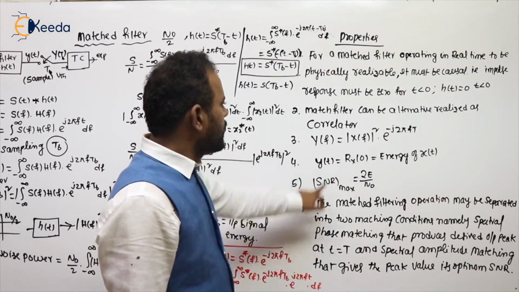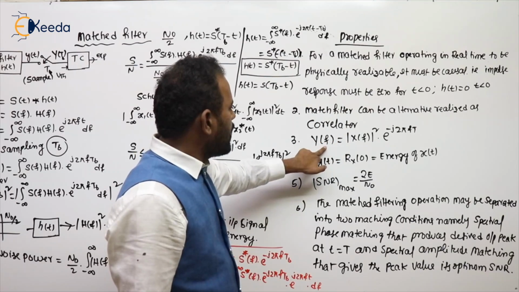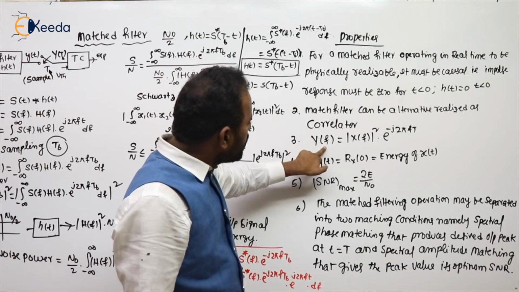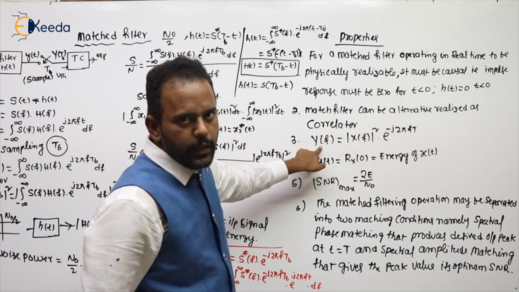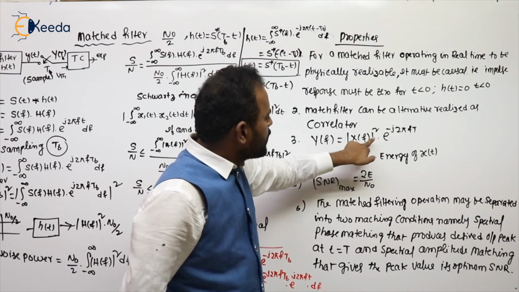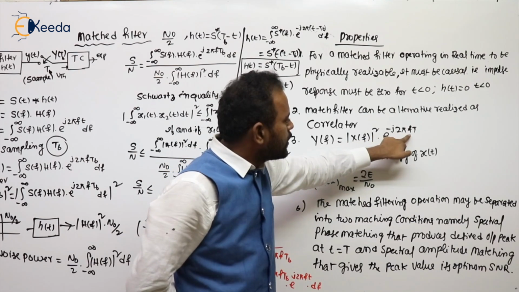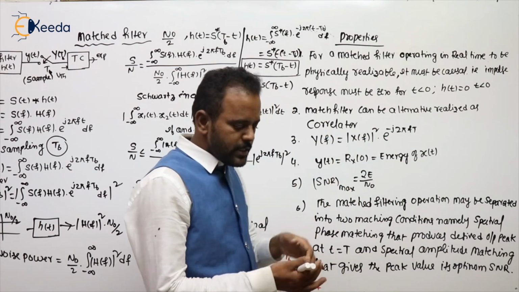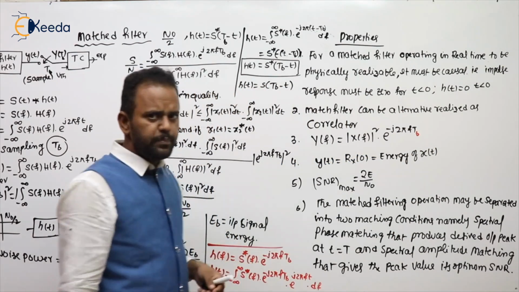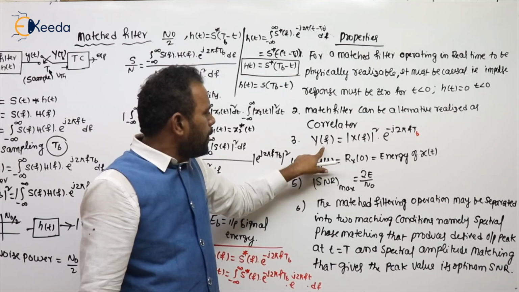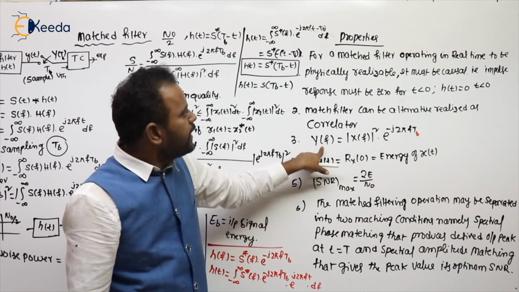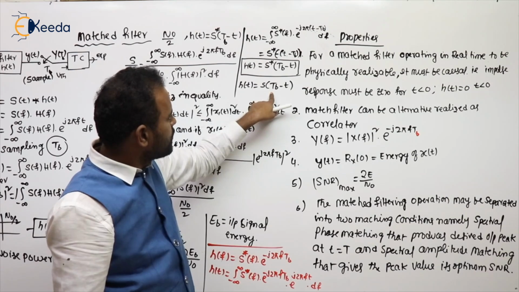Third point, mod y of f, or the power spectral density, or the output Fourier transform. The output Fourier transform is nothing but mod x of f whole square into e power minus j 2 pi f t. T means I taken as TB. What is this? Because y of t equals x of t convolution with h of t. H of t is nothing but this one.